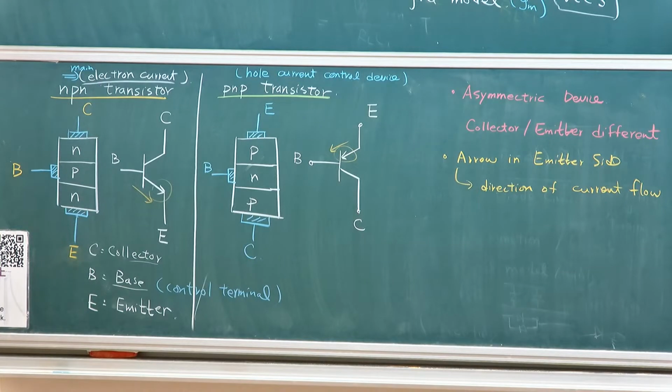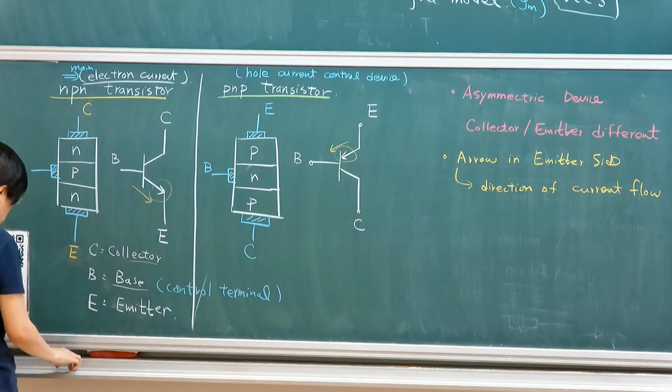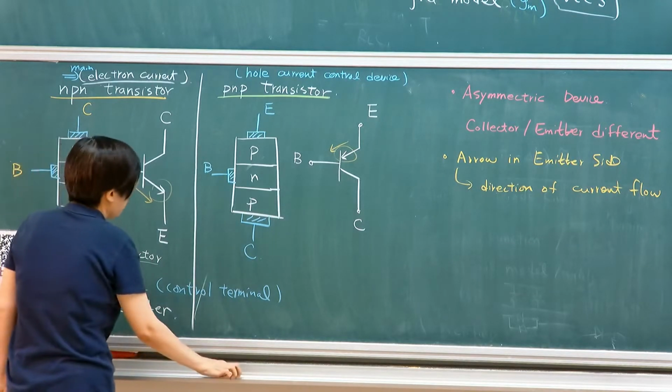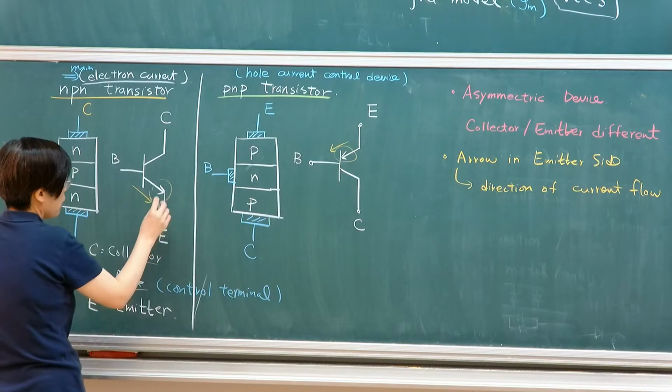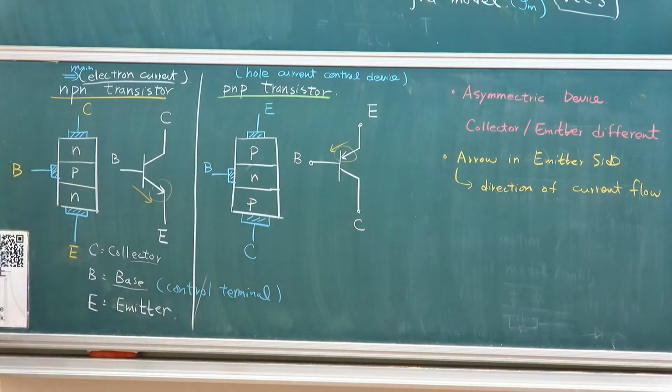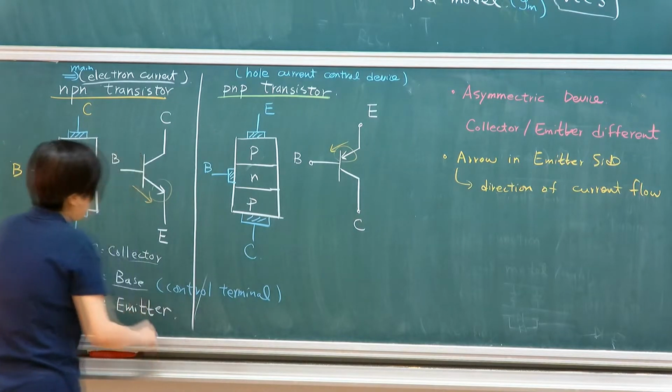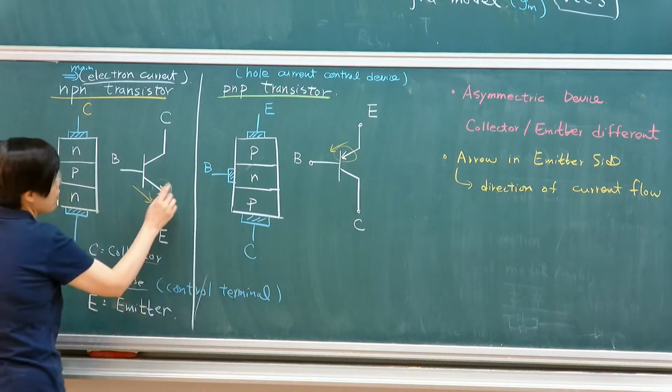Okay, so if the main carrier you want to control is electron, meaning that in this case my electrons are moving electrons. You think electron should be blue or red? I'm always confusing myself. So let's say electrons are red.